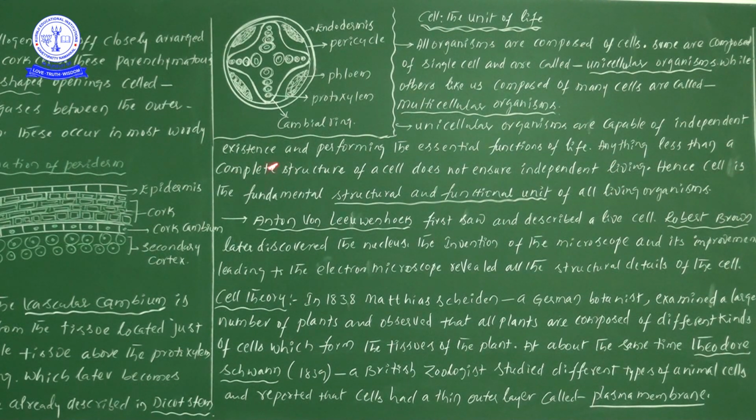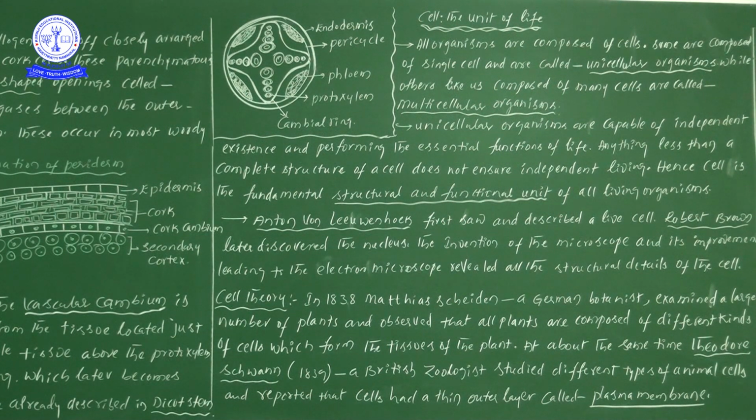Anything less than a complete structure of a cell does not ensure independent living. One more time, anything less than a complete structure. If one particular structure is missing, then there is no chance for independent living.